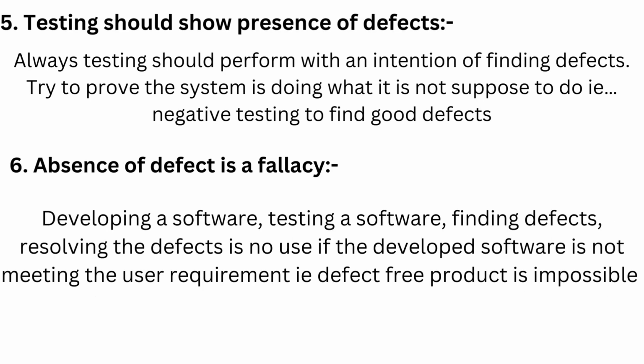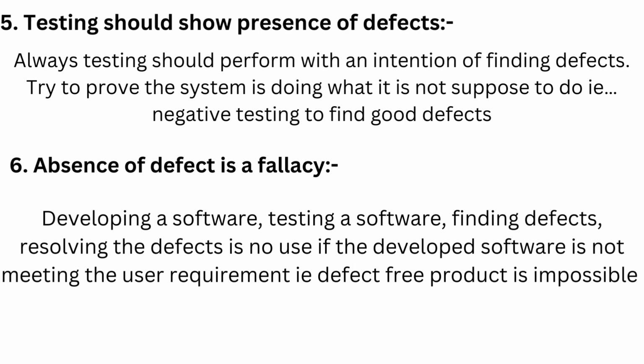Next one, testing should show presence of defects. Why are we testing? Our main motto is to show the presence of defects. Testing should always be performed with the intention of finding defects.